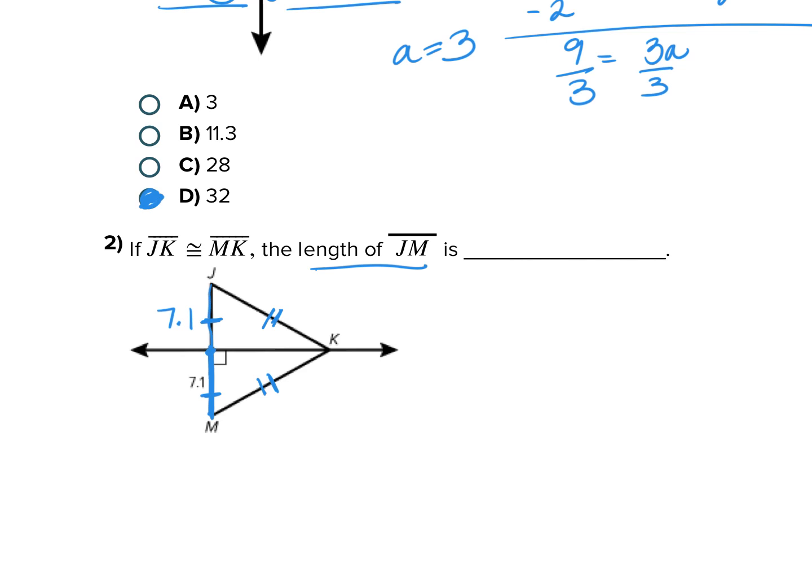So that's the entire length of the triangle. And to get that, we need to add the two pieces together. So JM is actually 14.2. Okay. Very careful. If you would put 7.1, it would be incorrect, because that's not what the question is asking.